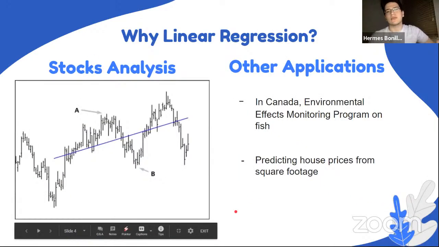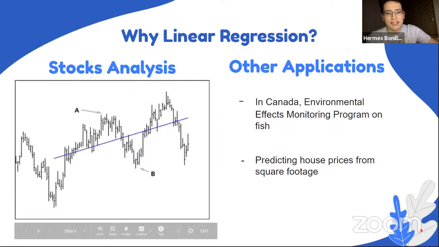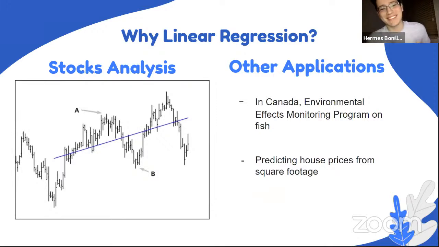So why linear regression? Let's go into some applications. When we look at stock analysis, it's much more complex than this, obviously. I don't recommend that you analyze stocks just based on linear regression, but it gives a good kind of curve that we can easily see between these highly fluctuating peaks, and we can see what kind of relationships there are in our stock analysis.